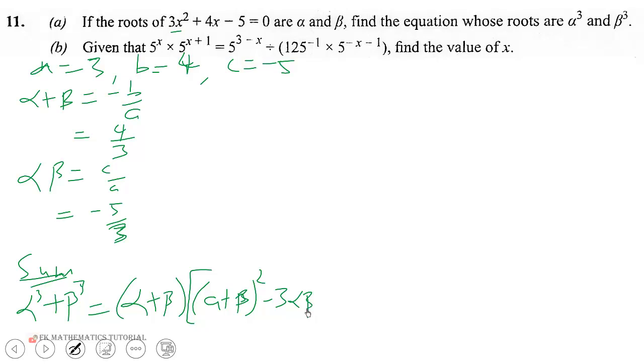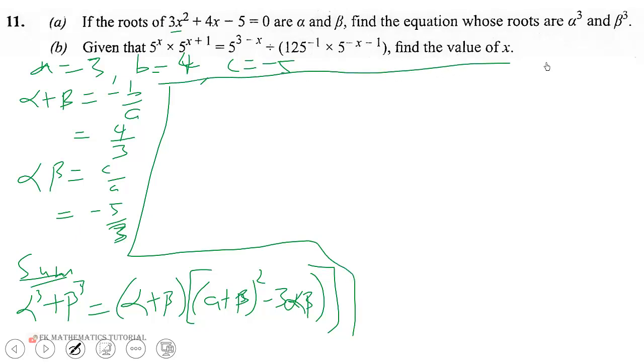Yeah, this is what you need to recall, the hardest part of it, but with a little bit of practice you'll be able to recall it. Good. Or you can derive it from the beginning. Try learning how to derive it and it will become part of you.